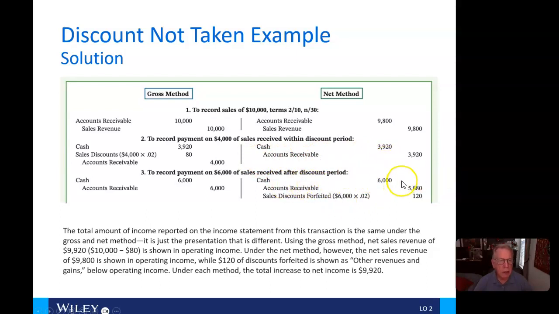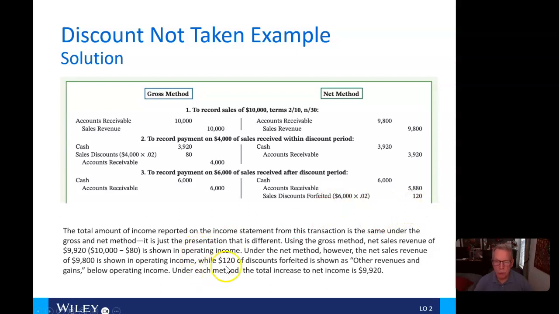But then they paid another $6,000 in cash. We had a remaining $5,880 in accounts receivable to hit the $9,800 here, but they did not take the 2% sales discount on that $6,000. So they forfeited that $120.